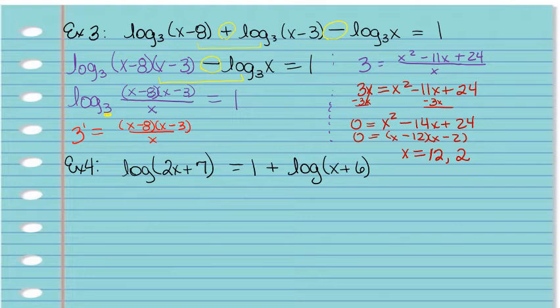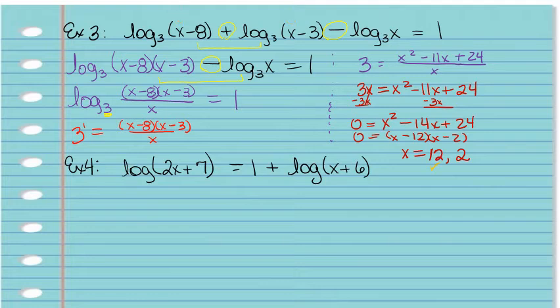So I'm going to take the 12 and mentally check up here at the very beginning of my problem. If I put a 12 in the beginning of my problem, will I get a negative? No. Will I get a negative here? No. So 12 is good. Let me erase that. 12 checks.